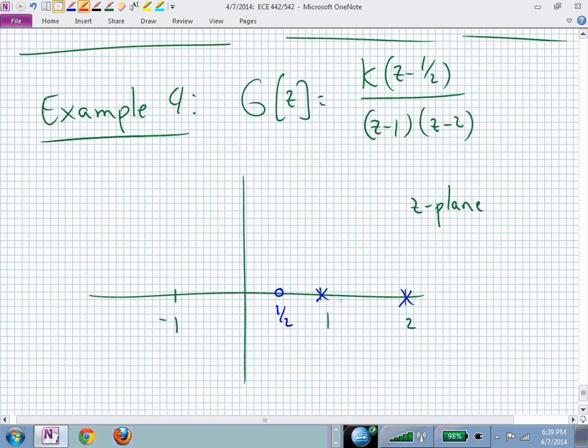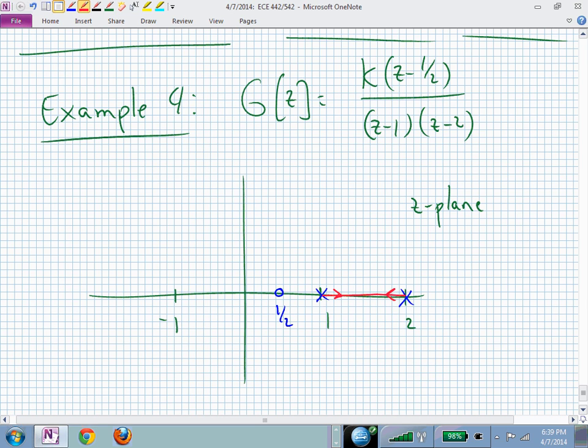There's an odd number of poles and zeros to the right, isn't there? How many root locus branches do I have? How many open loop poles do I have? 2. I have 2 root locus branches. One starts at 2, and the other starts at 1, and they start running towards each other.